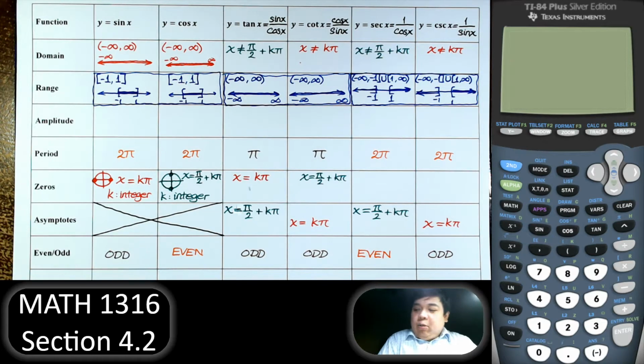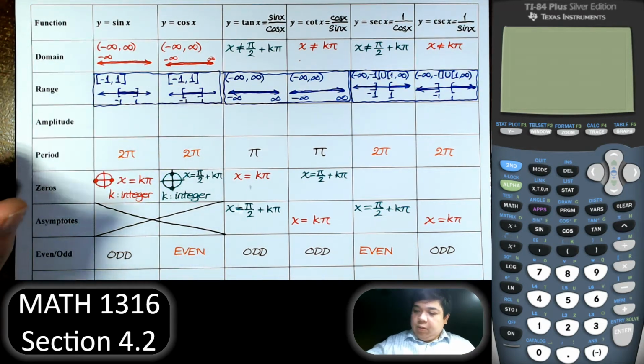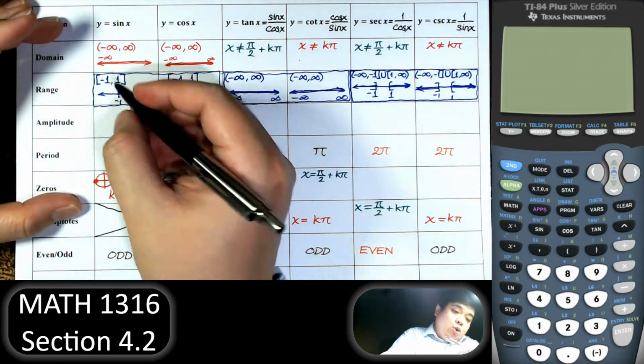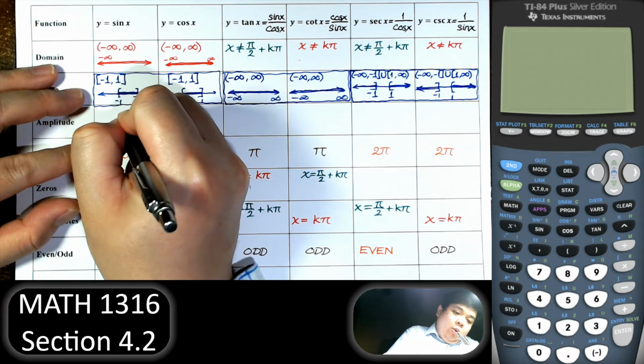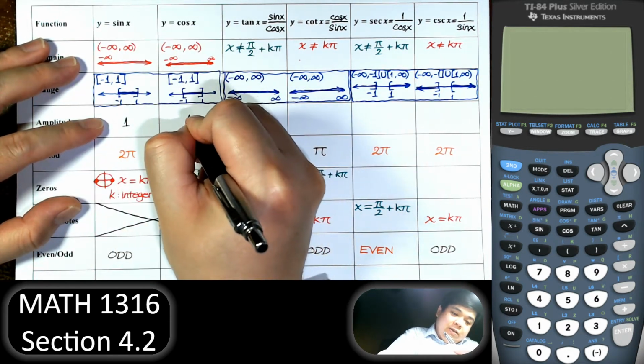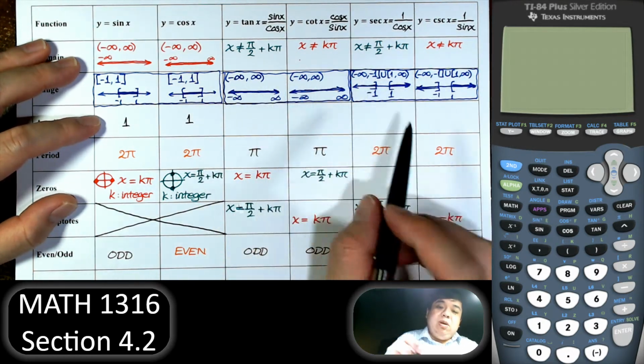Right. Now, the amplitude is directly related to it. Because the graph is bounded between -1 and 1, the amplitude will be 1. In this case, for sin x it is 1. Because it goes from -infinity, there's no maximum, no minimum.